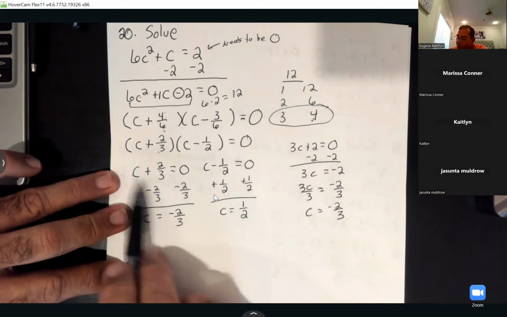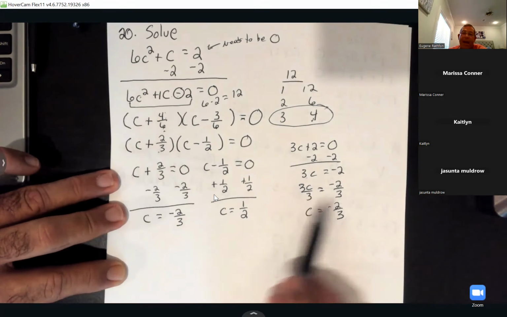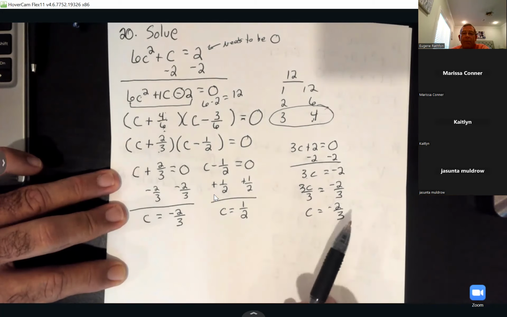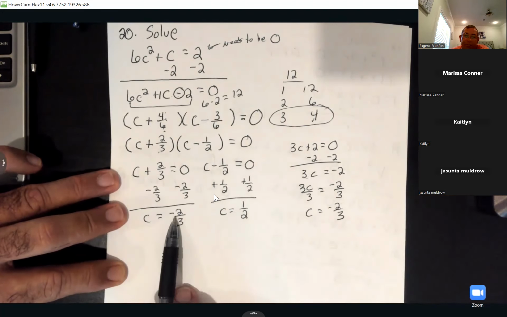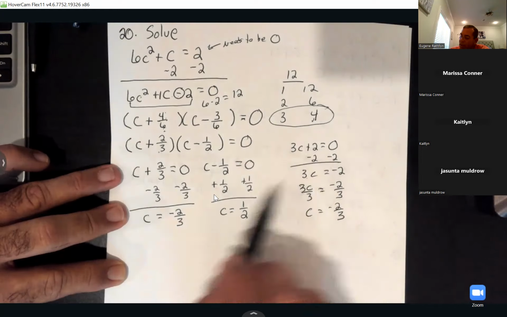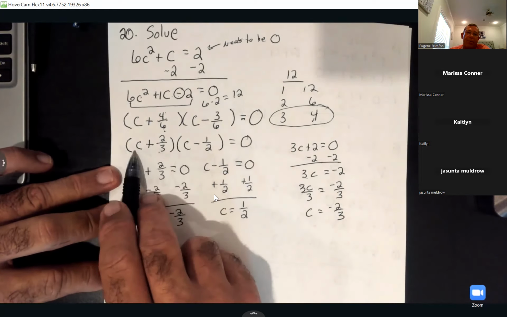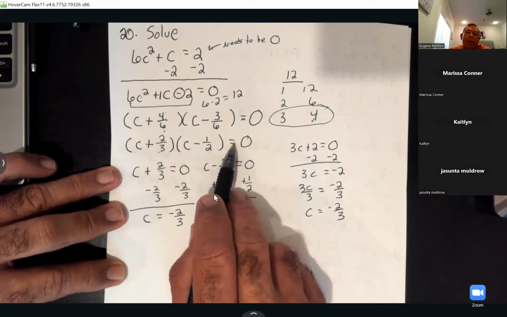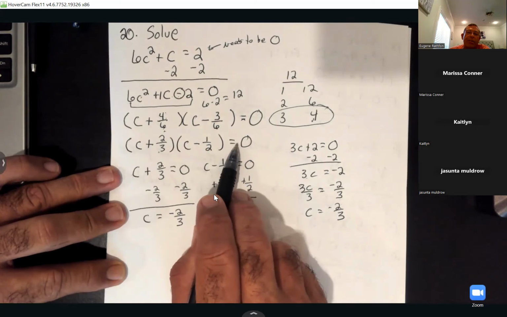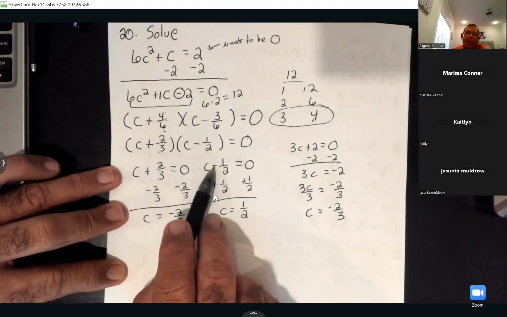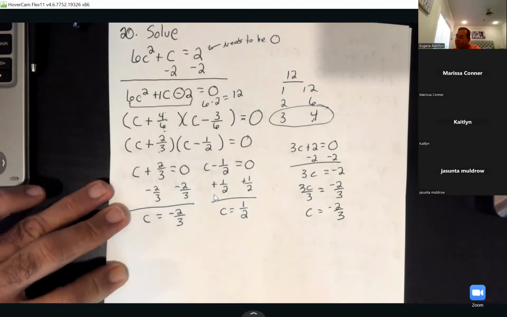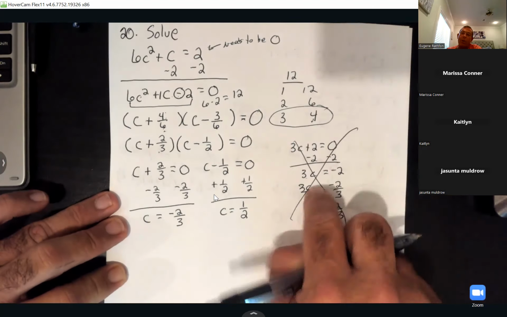So I say, why move the 3 there when you're going to have to divide it anyway? Notice there's my negative 2/3. So factoring, yes, I want to move that up to the front, but when I'm solving an equation, I'm just going to leave it as a fraction, okay? That way is more work.